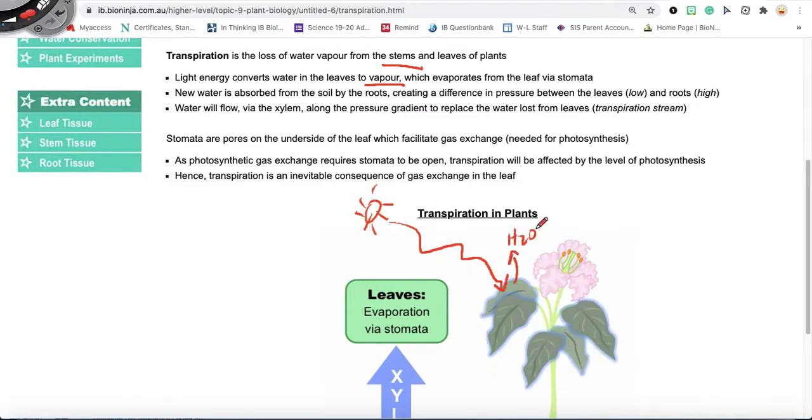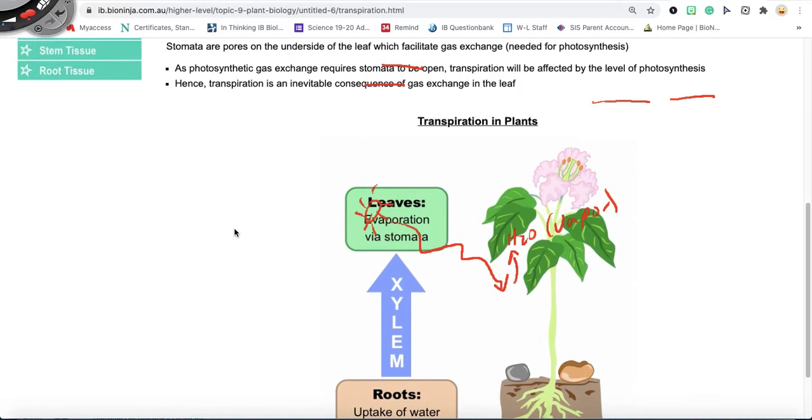So this is going to be water vapor, water gas. And then new water is absorbed from the soil by the roots, creating a difference in pressure between the leaves, who now have a low pressure, and the roots, who have a high pressure. So that's something important to remember along the way.